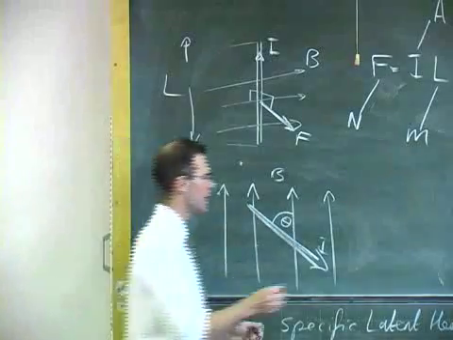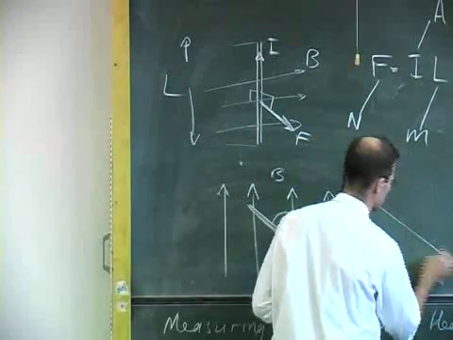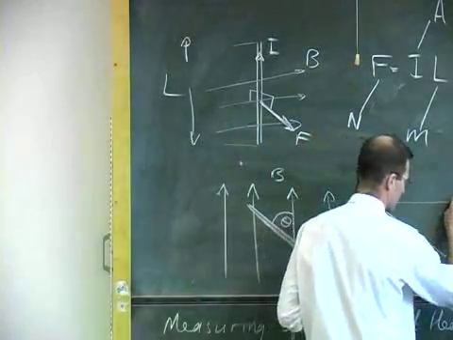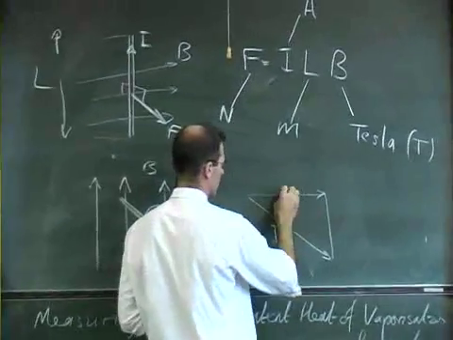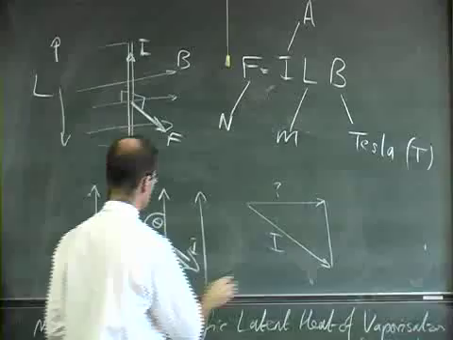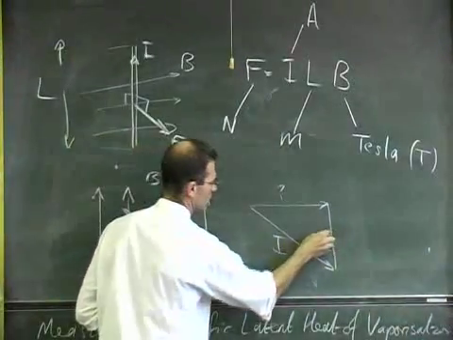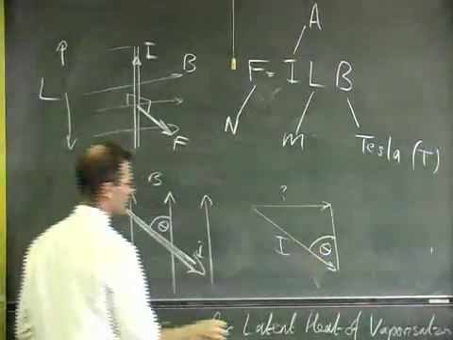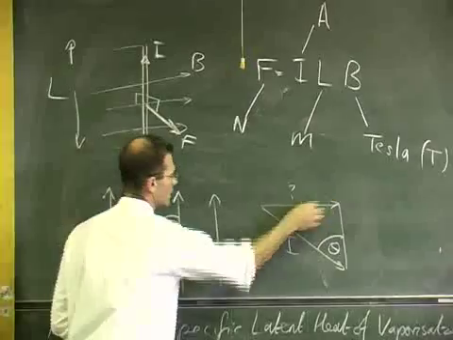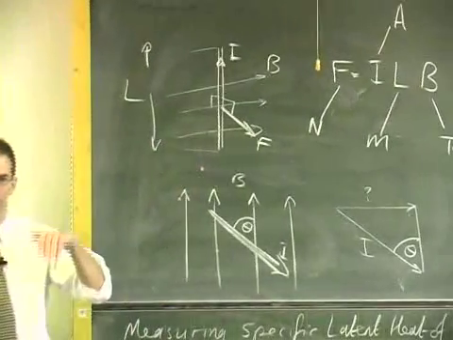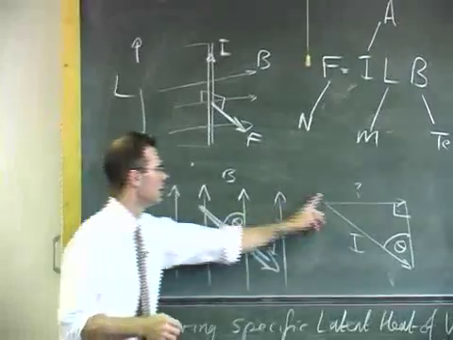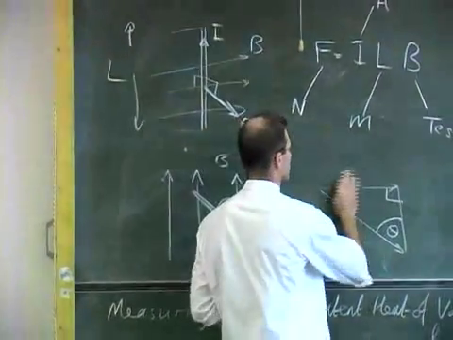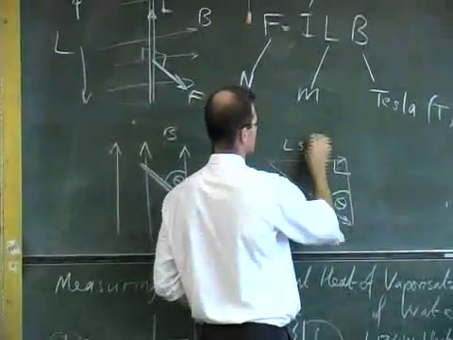Yeah, so if we take a triangle, so if you've got I there at that particular length, the effective length that's going there, that's the angle that we've got, theta, in there. So what would be the component of the current which is cutting at 90 degrees? Sine. So this is going to be L sine theta.